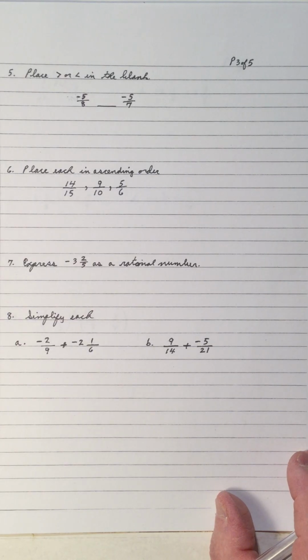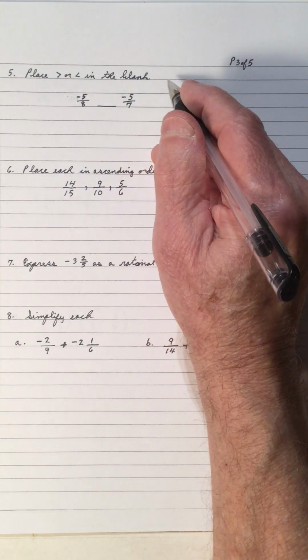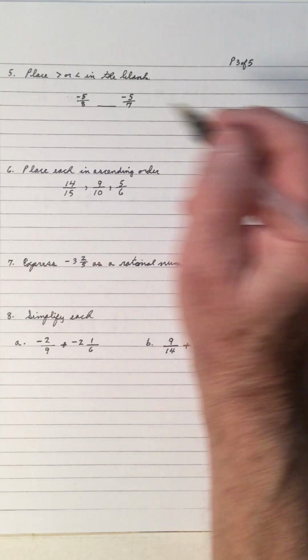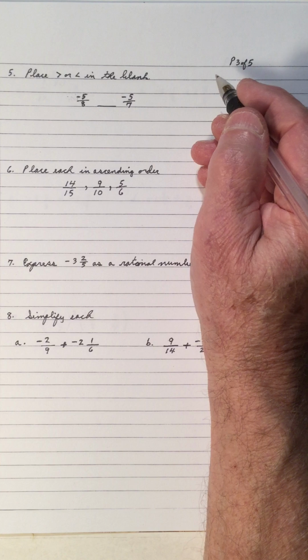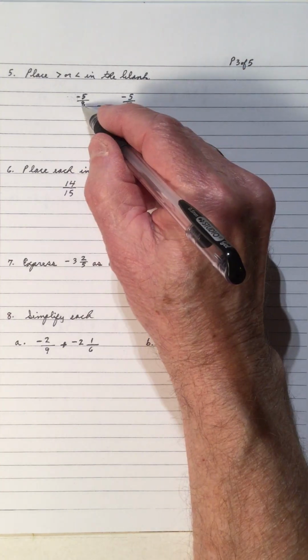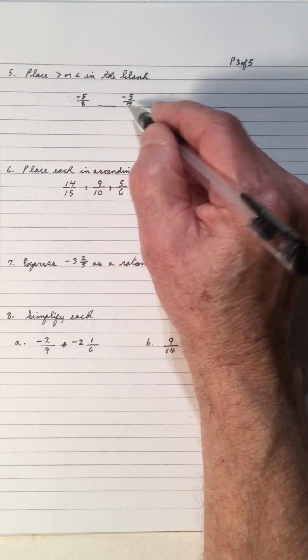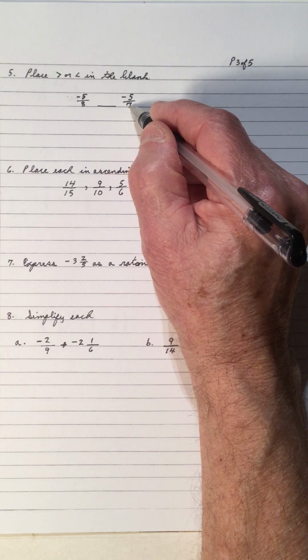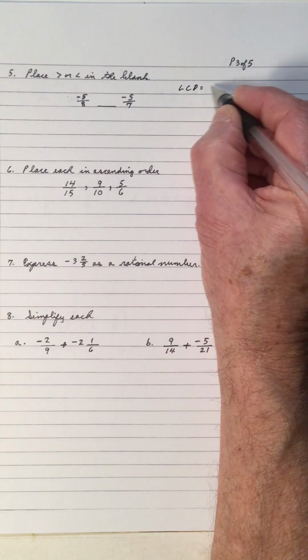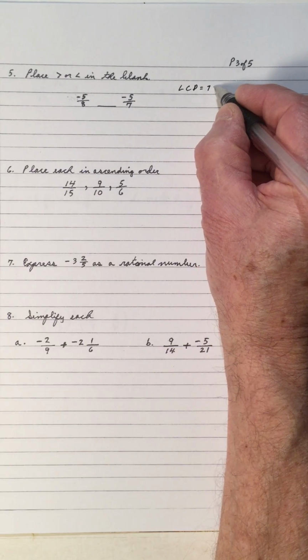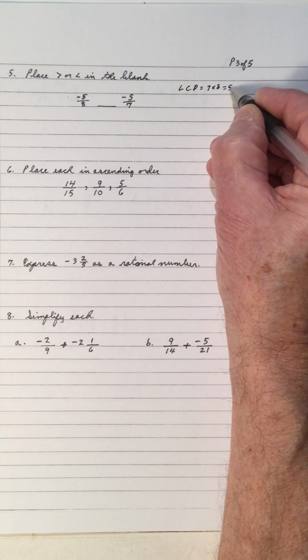Number 5, place greater than or less than in the blank. These are very close to each other, so let's get a common denominator. A common denominator for 8 and 7: 7 is a prime number, so the LCD is 7 times 8, which is 56.